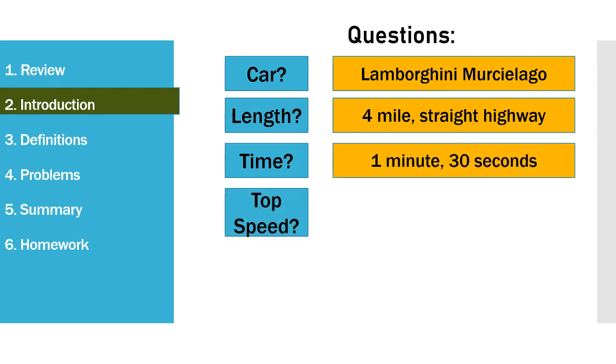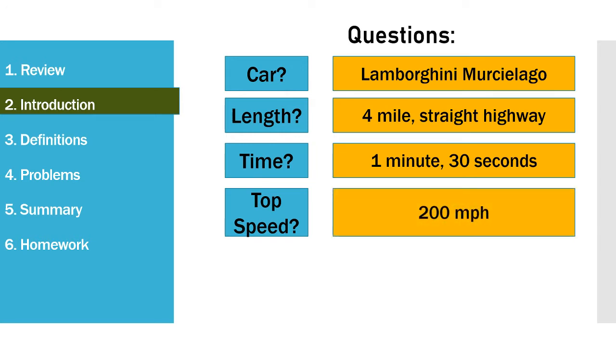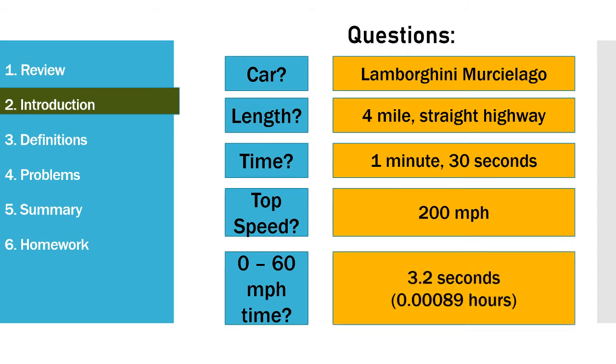The top speed, if you were very observant, was 200 miles per hour. And the 0 to 60 time, if you are very geeky with your cars, I did some research, is 3.2 seconds. So that means the car can accelerate from 0 mph to 60 miles an hour in just 3.2 seconds. Okay, so those were the specifications of the run of that Lamborghini.